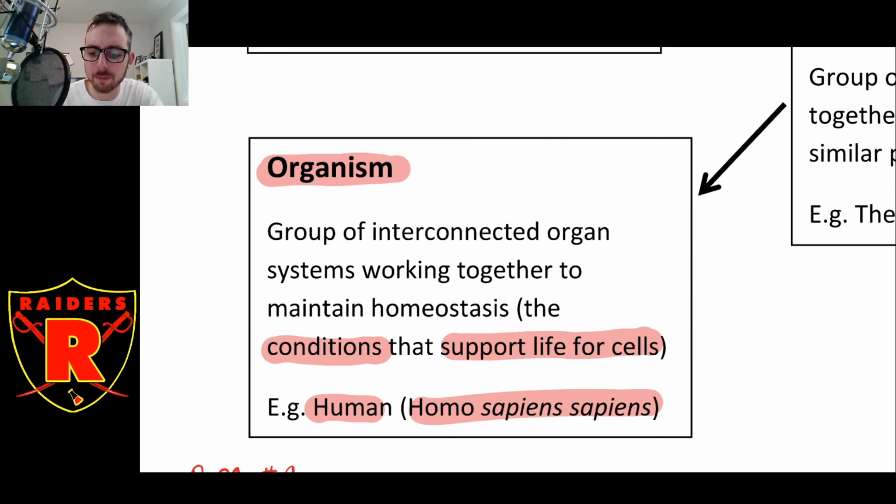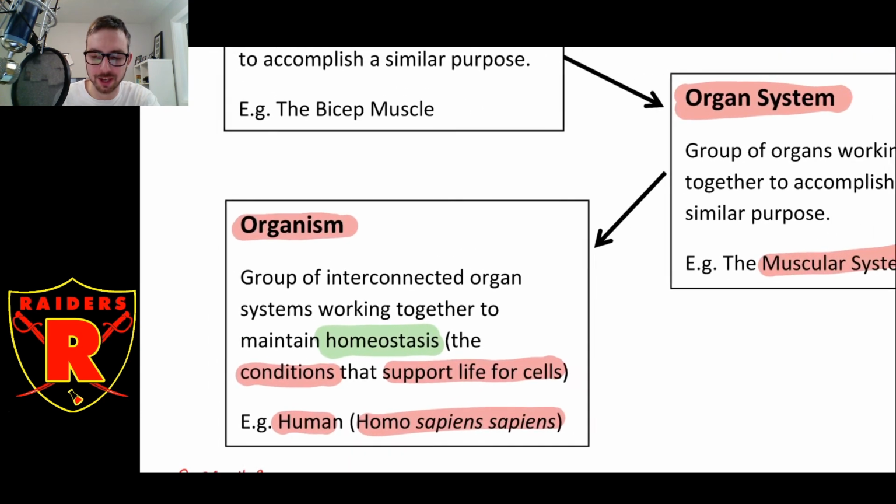So all those conditions in the body are considered to be homeostasis. So homeostasis just means keeping all of the conditions the same inside of the body. You're keeping them static. So all of the systems are working together to maintain homeostasis, to keep all the conditions inside of your body static.